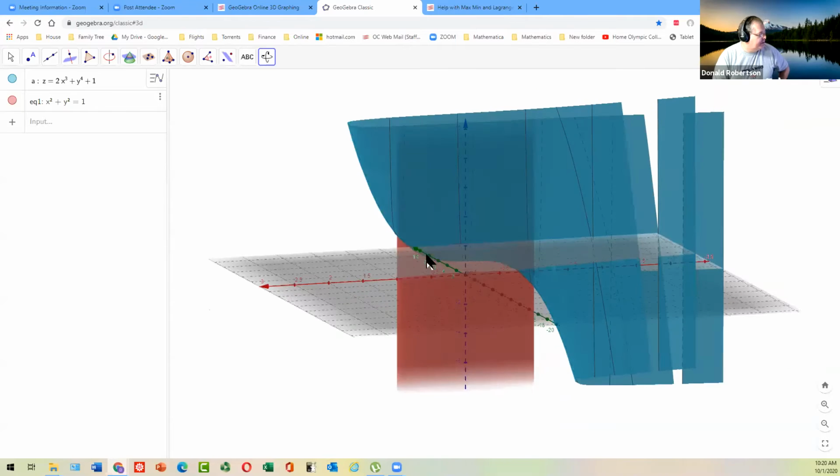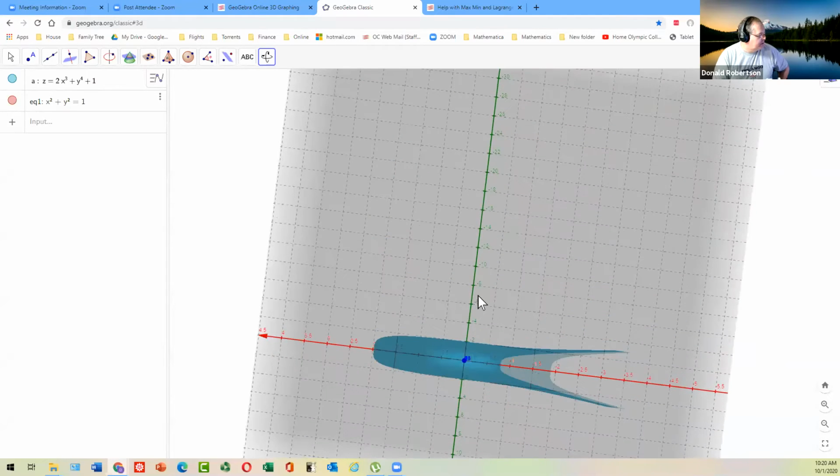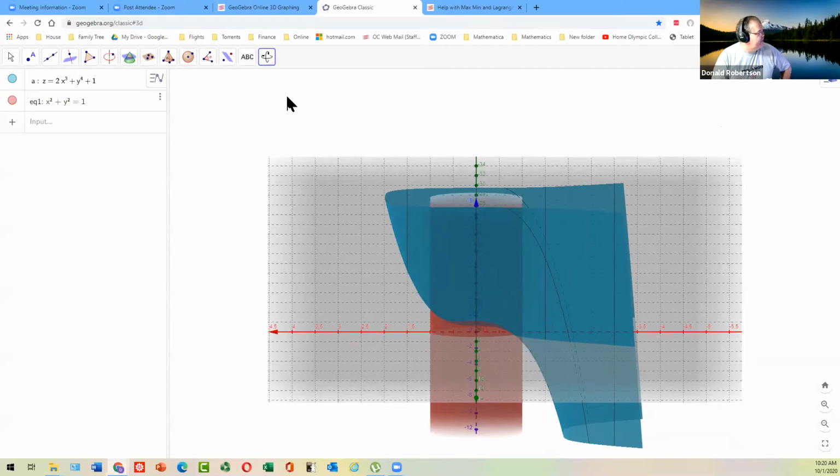I mean, it is correct, but it isn't very easy to see what the heck's going on. Do you notice that my circle looks like an ellipse? Can you see that? And the reason it looks like an ellipse is because the axes are not balanced. So I'm not convinced this has been particularly helpful.